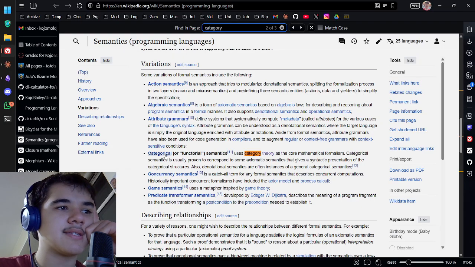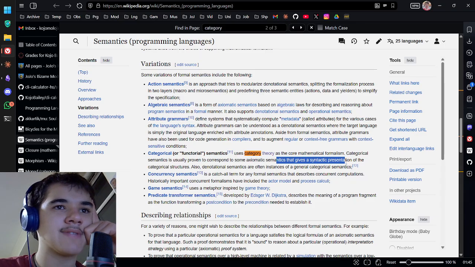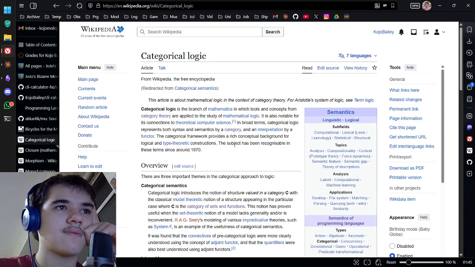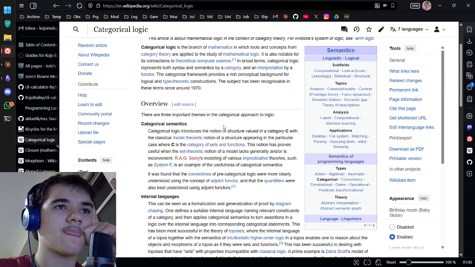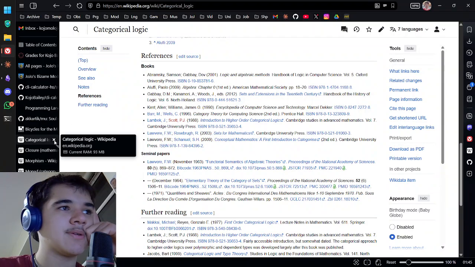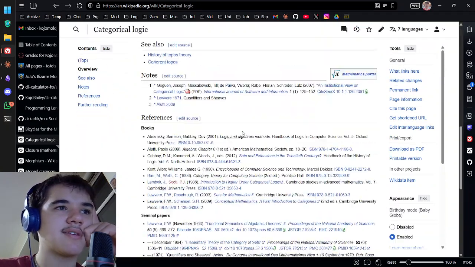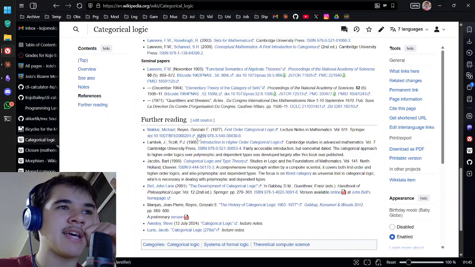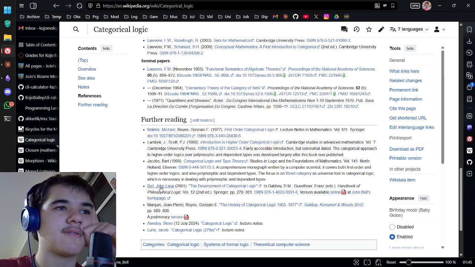Categorical semantics is usually proven to correspond to some axiomatic semantics that gives a syntactic representation of the categorical structures. Okay, logic. God damn, this goes deep. But you can tell there's not even that much research into these yet. Or there is, but there's a lot more to be contributed.